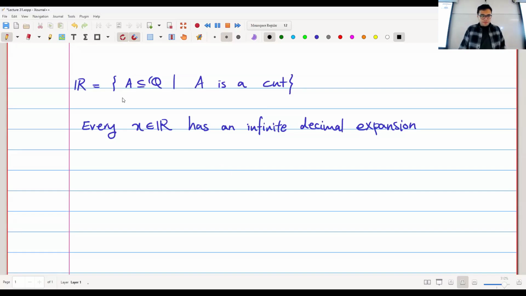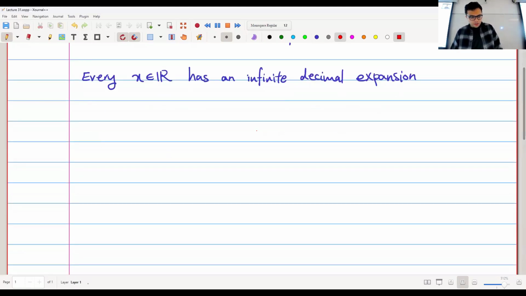So based on this, I want to figure out what is the size of this set R. And before doing that, I'm going to look at some particular subsets of R, and these are segments. So let's do a definition.